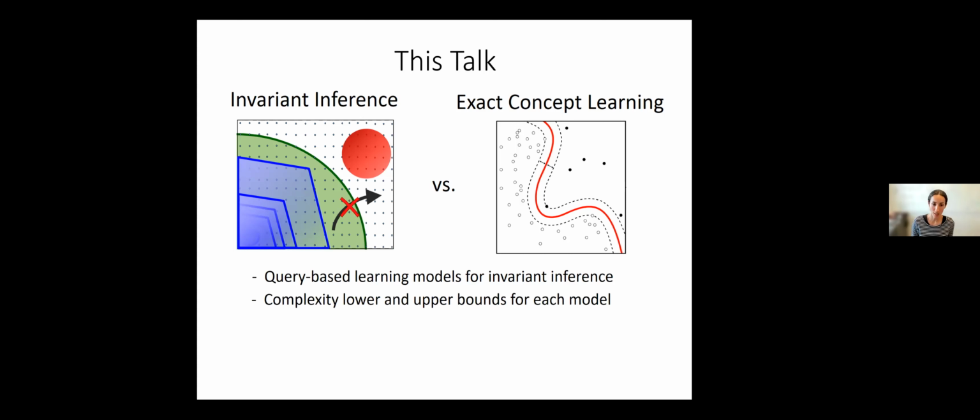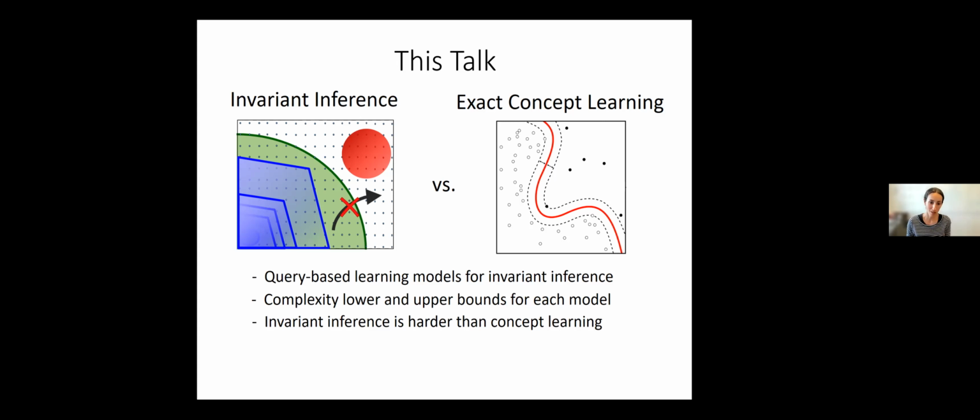For each of these models, we will provide complexity upper and lower bounds on the number of queries that are needed in order to learn an invariant. And from this complexity result, we will see that invariant inference in this model from queries is harder than exact concept learning.